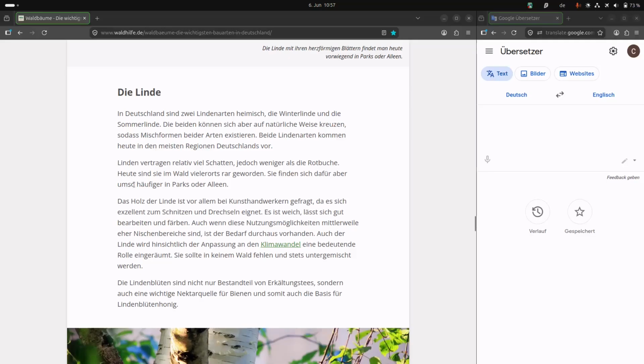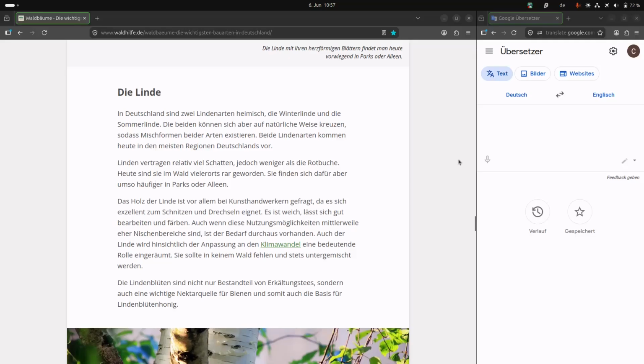Umso in this case means the more, so means je, it's kind of similar to je, so for each something, and so it means the more, basically, they find themselves, therefore, though, the more, häufiger.